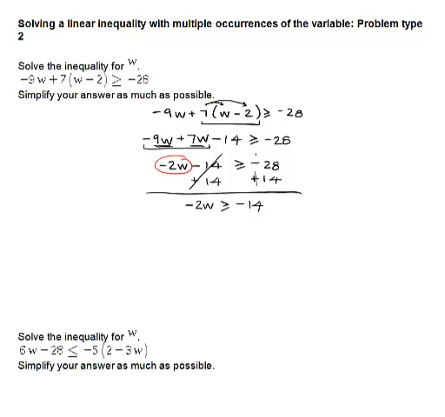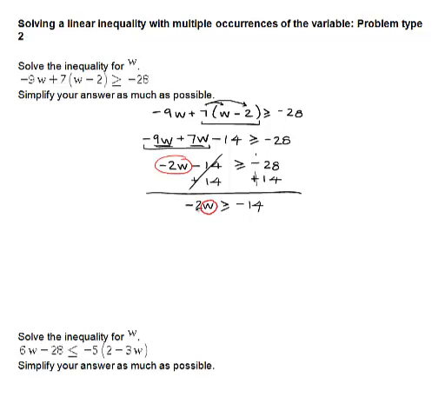Almost there. So let's take a look. Okay, I have my term with my variable in it, and that would be my w here. So I want to isolate that w. So I say, well, what am I doing to that w? I'm not subtracting 2. I'm multiplying it by a negative 2, right?